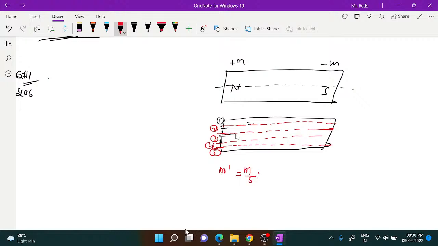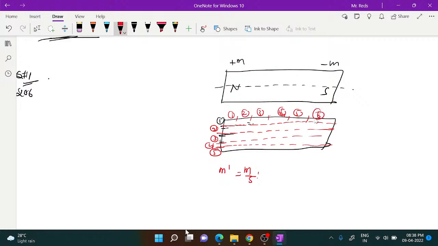Again, it is also given 4 times parallel to the axis and 5 times perpendicular to its axis, means 5 times, not 5 pieces. 5 times means you have to consider 1, 2, 3, 4, 5 cuts, so it will become 6 pieces.